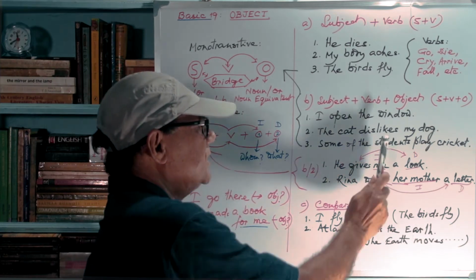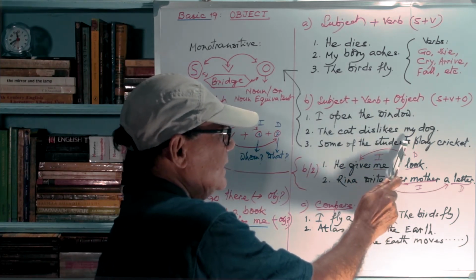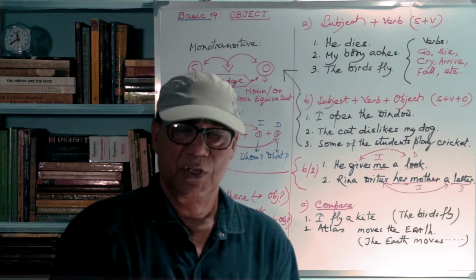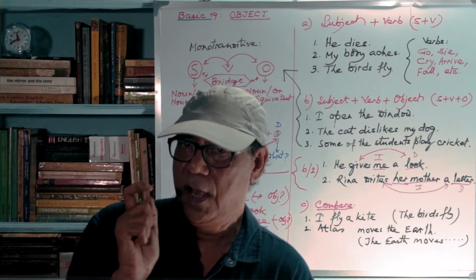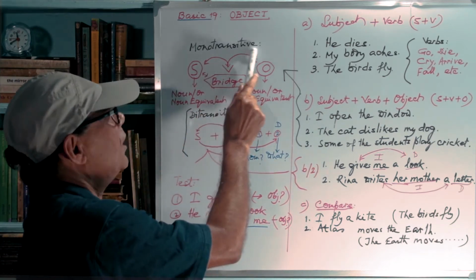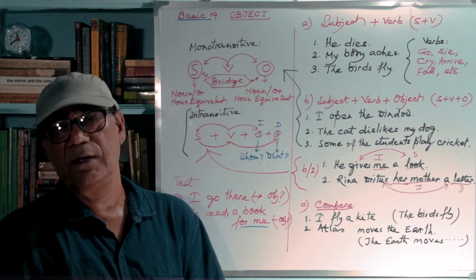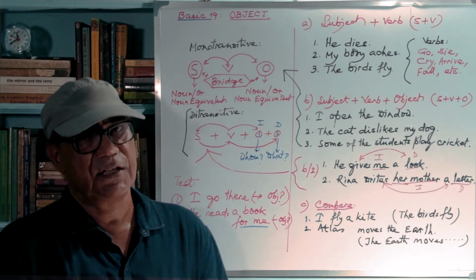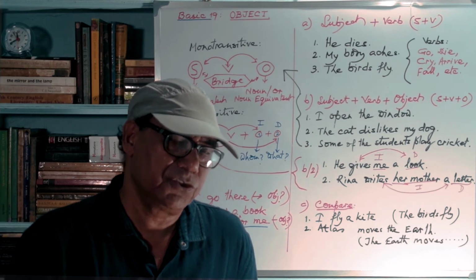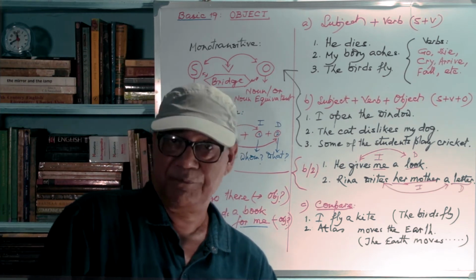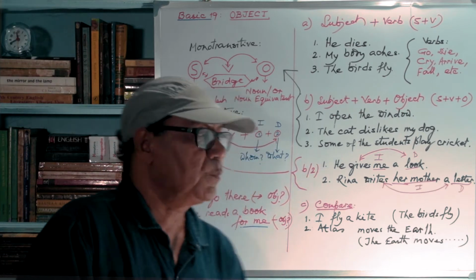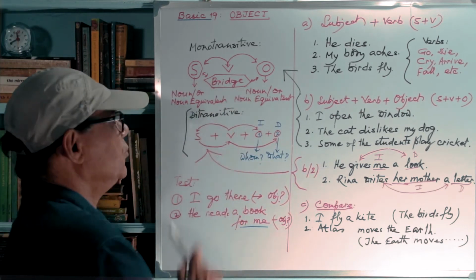In the first sentence it's window, second sentence it is my dog, and in the third sentence cricket. So if there is only one object, then that verb is monotransitive. Mono means one, transitive I have already said, a kind of verb that has an object. So this is monotransitive. But if a verb has two objects, in that case it would be ditransitive.